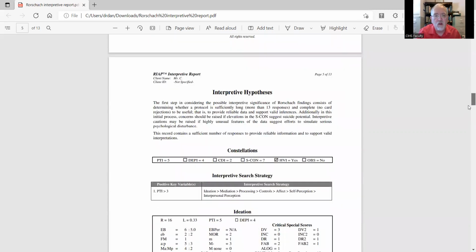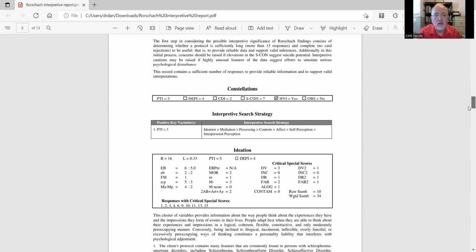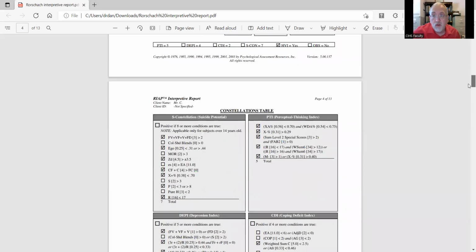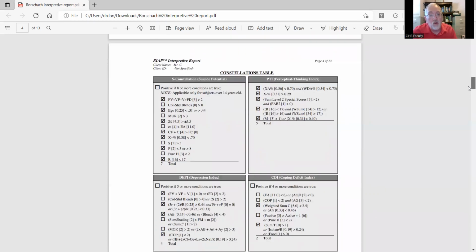Notice how the constellations that are talked about in chapter 5 are, I'm sorry, hold on a second, I have the wrong chapter. I apologize, I pulled up the wrong chapter. Yeah, chapter 5, principles of interpretation. So notice here you've got the 7 clusters. Now here are the constellations that are also talked about in your book.